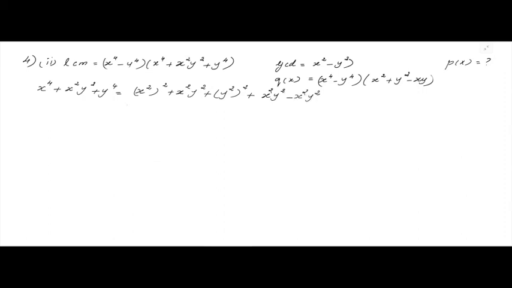Here you will be getting x square the whole square plus 2x square y square plus y square the whole square minus x square y square. So this is of the form a plus b the whole square minus x square y square.